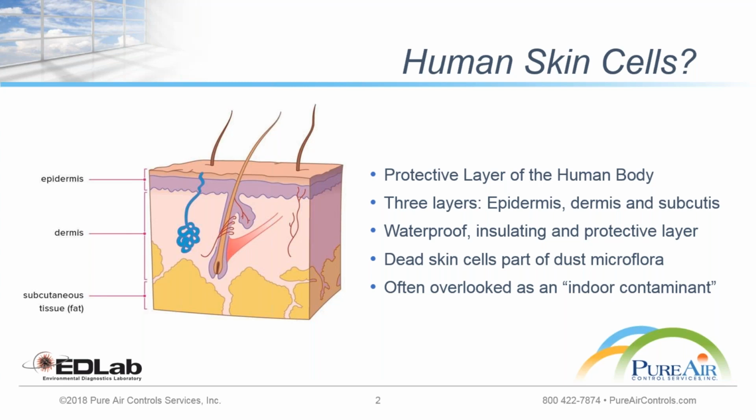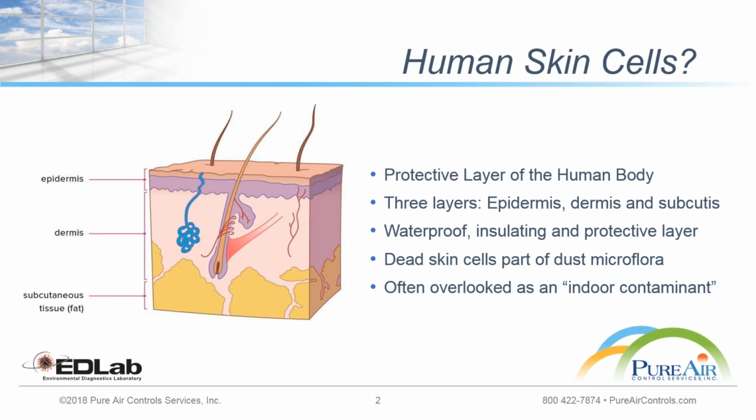Basically, the skin is a protective layer of the human body, and there are three layers, as you can see in this diagram. The very superficial layer is called the epidermis, followed by the layer called the dermis, and then obviously the subcutaneous layer, which mostly contains fat.